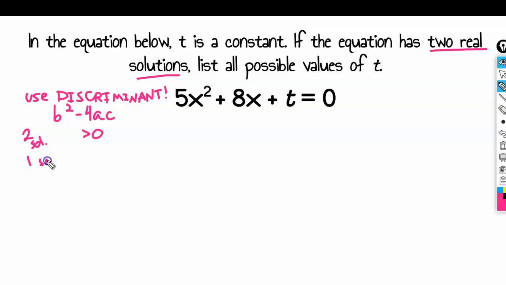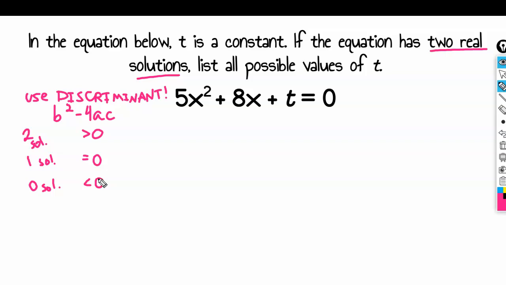If it has one solution, that means that it's equal to 0. And if it has no solutions, that means that it's less than 0. So you kind of need this little table to reference, and then you need to read the question.